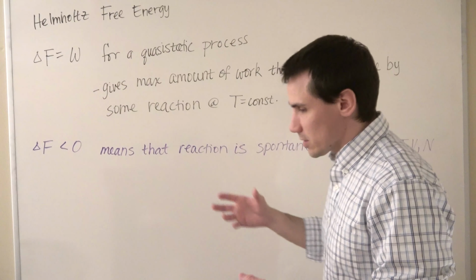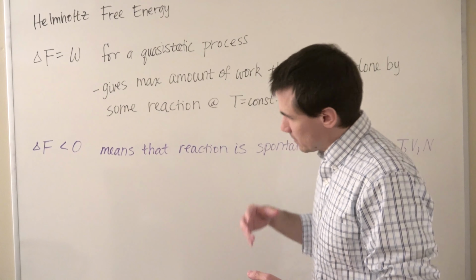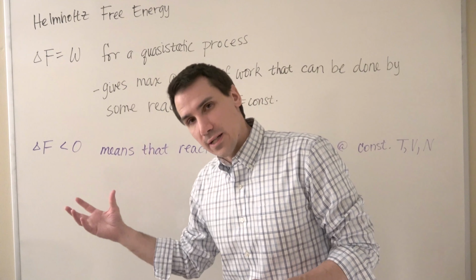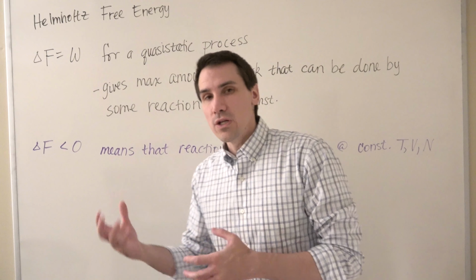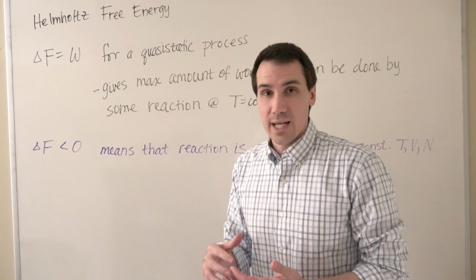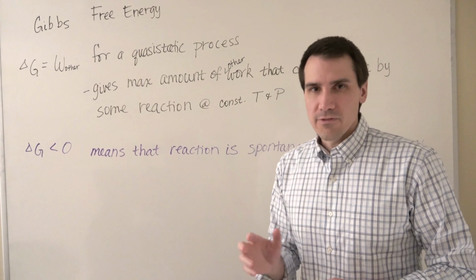So if we know the sign of delta F for some process at constant temperature, volume, and number of particles, we know whether that process will happen spontaneously or not.